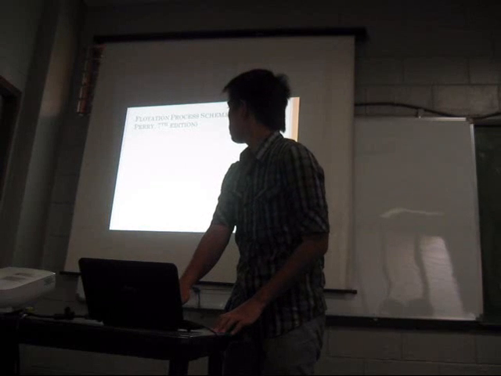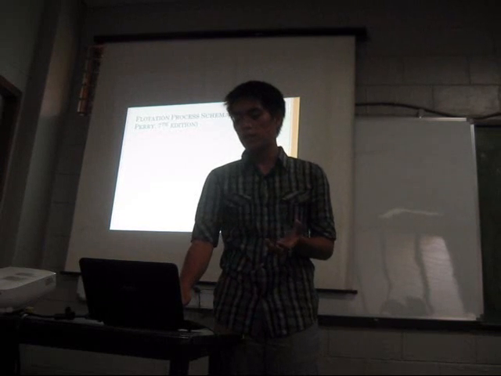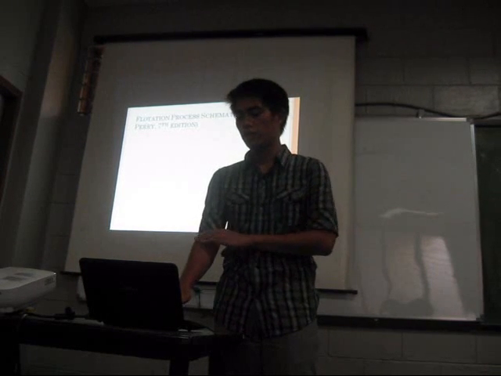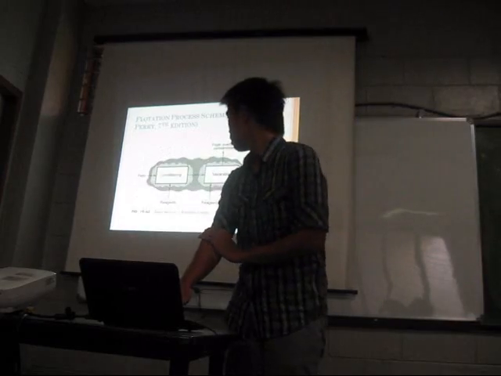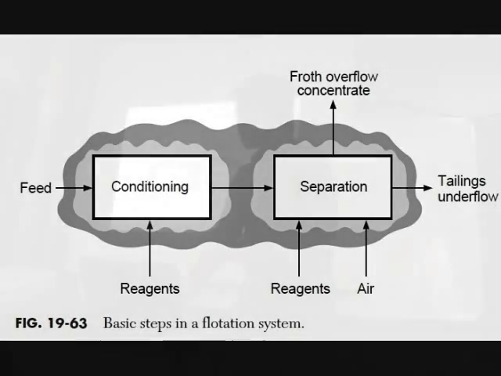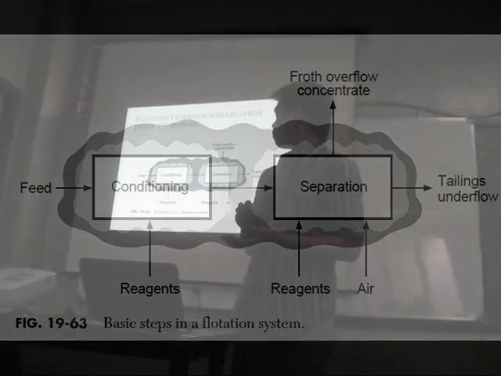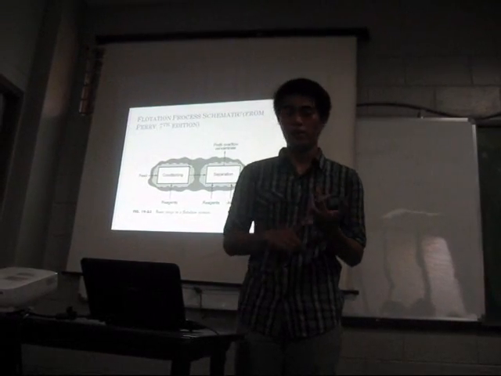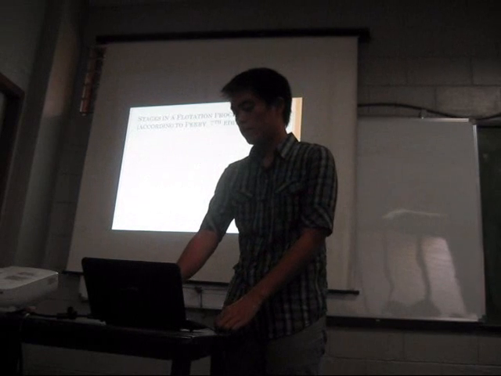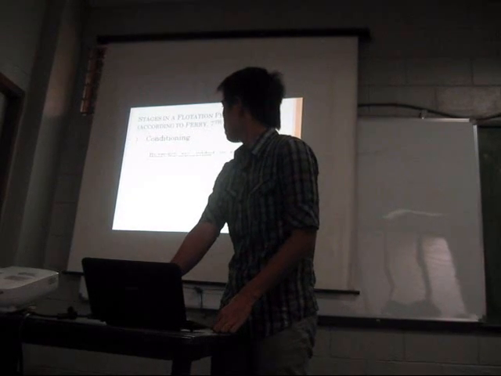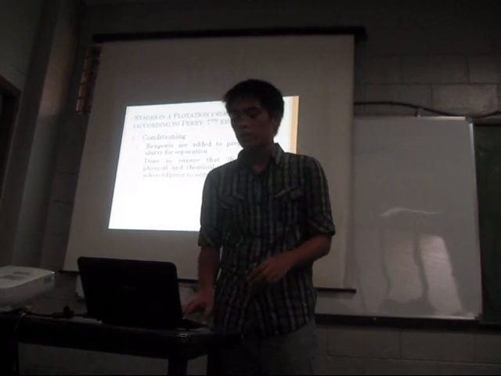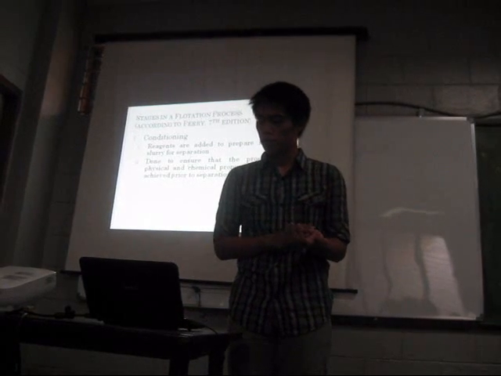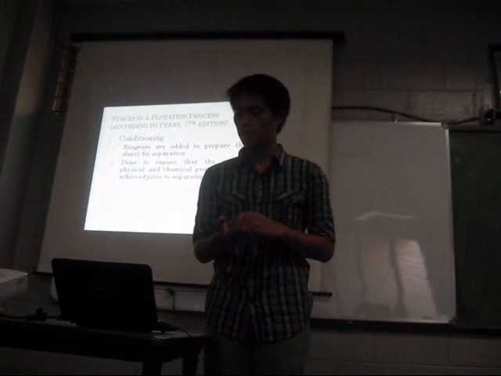So next, this is a basic process schematic for flotation according to Perry, 7th edition. Perry stated two general steps, conditioning and separation. First, let us consider conditioning. In conditioning, the reagents are added to prepare the slurry for separation.